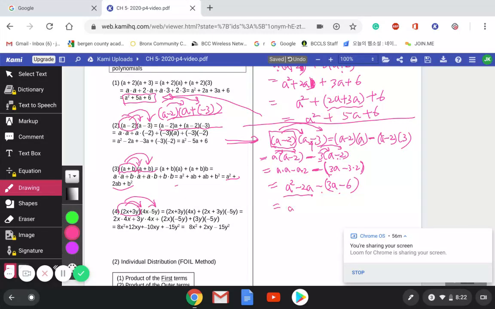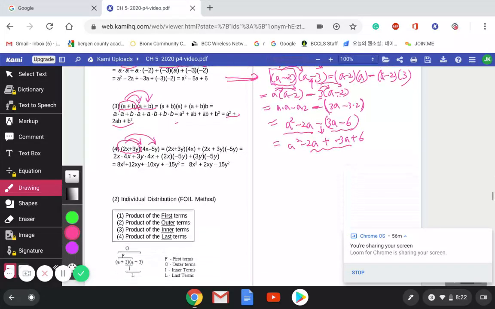So you end up with a squared minus 2a, change to plus, and change everything inside, negative 3a plus 6. So now you have a like term here. So you end up with a squared plus negative 2a plus negative 3a plus 6. You end up with a squared plus negative 5a plus 6, which is plus negative means minus.